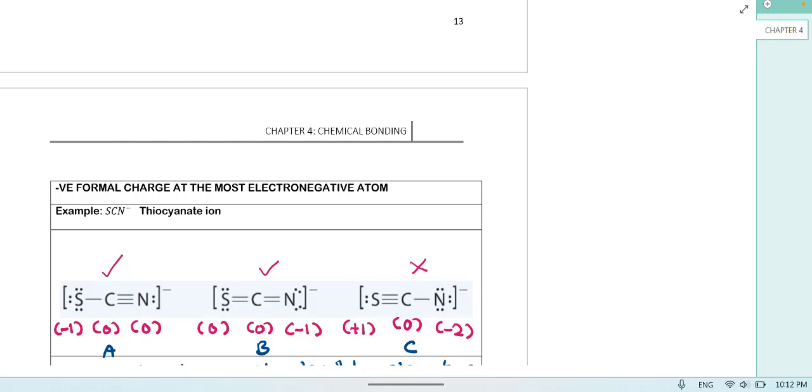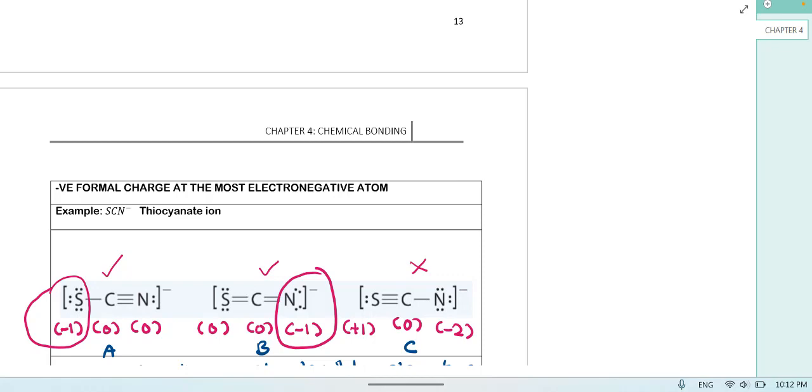So between A and B, 2 atoms in the molecule have zero formal charges. Which one is the most plausible structure? We need to look at this one. Right now, S has formal charge -1, N has formal charge -1. Between sulfur and nitrogen atom, which one is more happy to have negative charge?